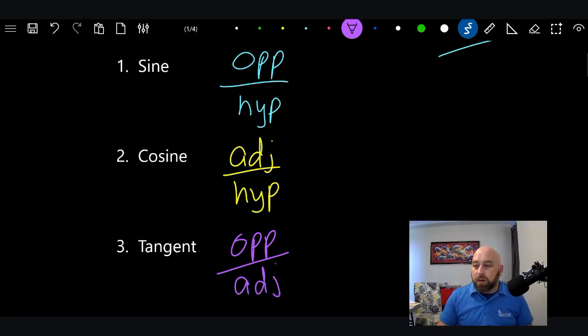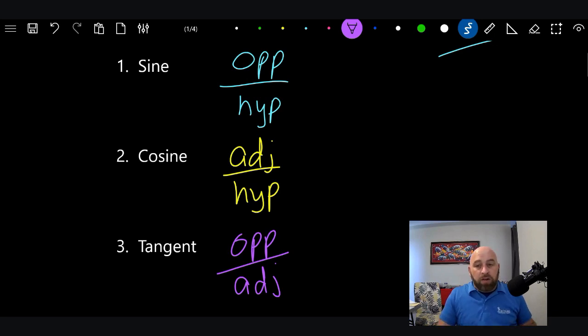If you look in your book, that chart is on page 390. Table C, it's called. Very important when you see table next to something in your book. That table is going to be very, very important for you. So it's all right there. Sine, opposite over hypotenuse. Cosine, adjacent over hypotenuse. And the tangent is the opposite over the adjacent.